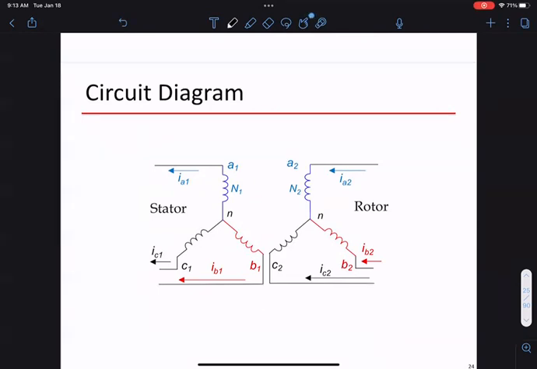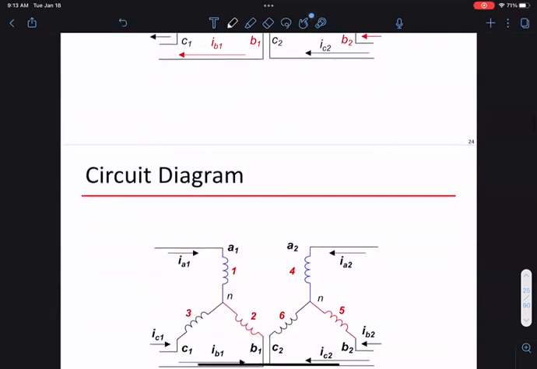In a transformer, the primary and secondary are stationary. They're not moving; there are coils around a core. Here we have this kind of transformer setup, but because things are rotating at different speeds, the coupling between the inductors changes.